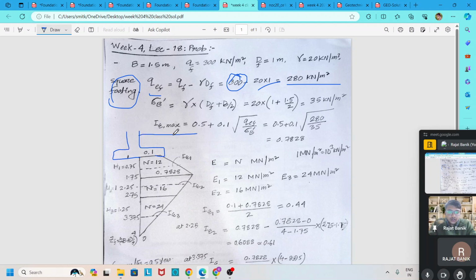We find the effective stress at a depth of D plus B by 2. So our effective stress will be 35 kilonewton. After applying this formula for finding the maximum influence factor, we get a value of about 0.7828.